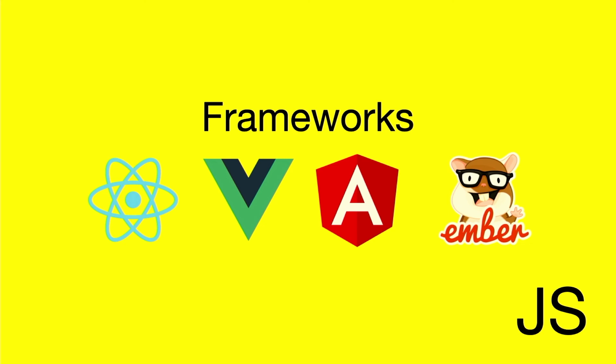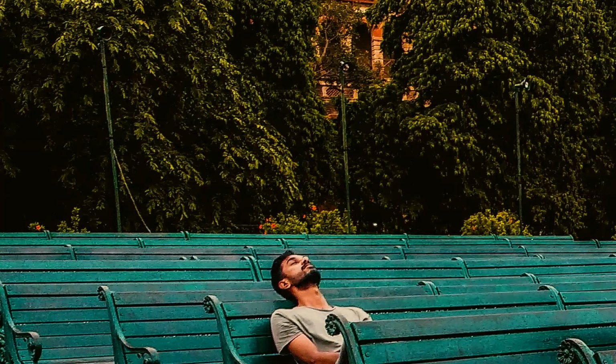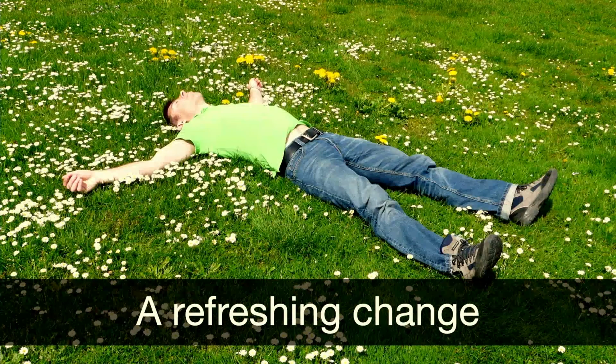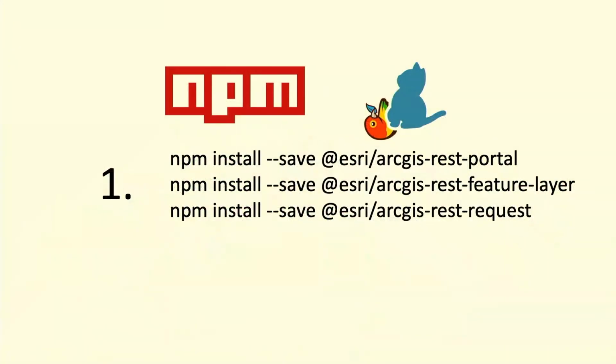And Rest JS, this is going to be kind of a boring bit of the talk because there's not much of a story in terms of integrating. It's really no different than any other library, which if you're used to the integration story with the ArcGIS API for JavaScript, should be a refreshing change, the fact that you don't have to do much work.